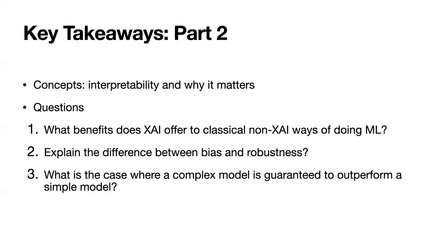Let me stop here and give you a few minutes to reflect on the key takeaways and think about these different questions. And again, the responses to these questions are present in the discussions we've just had. Perhaps one thing that I can quickly speak to is the first question: what benefits does XAI offer?